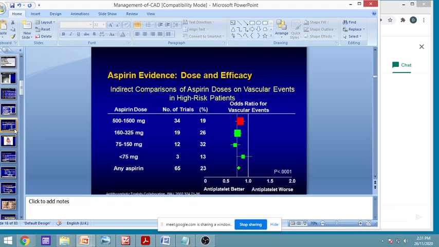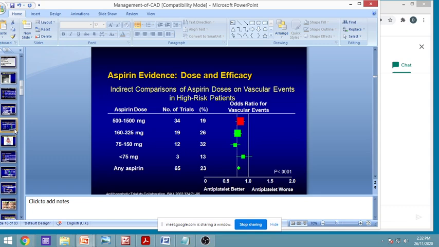Now aspirin evidences, the dose and the efficacy. If somebody goes for that, they will find that the dose from 75 to 150 mg is one of the best possible. Then next after that is 160 to 325. So always the dose should be in the range of 75 to 350 milligram and should not go beyond that.